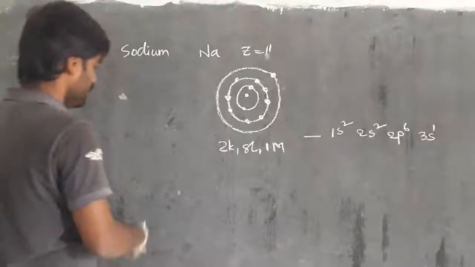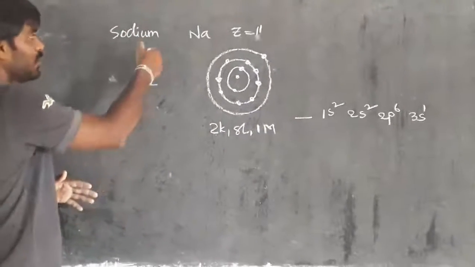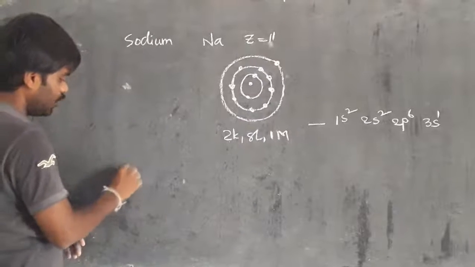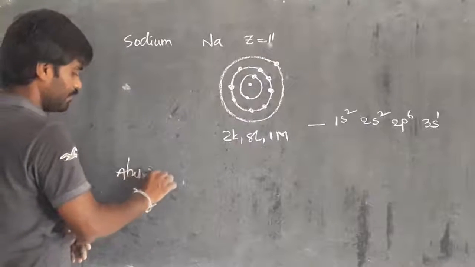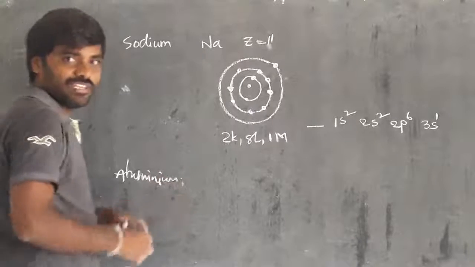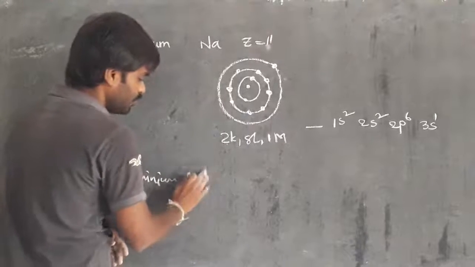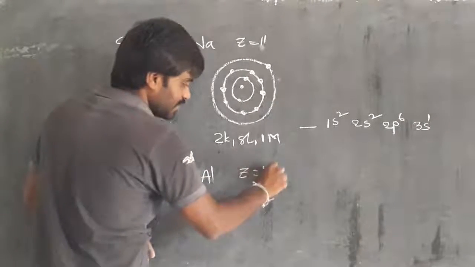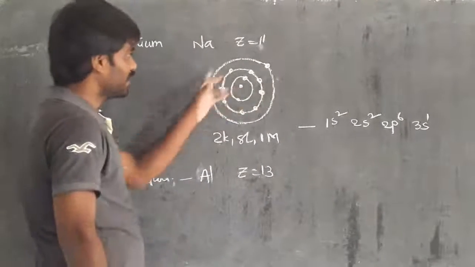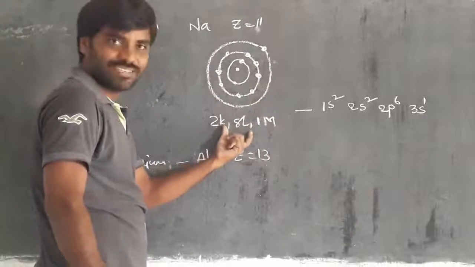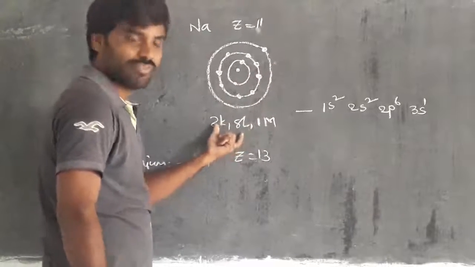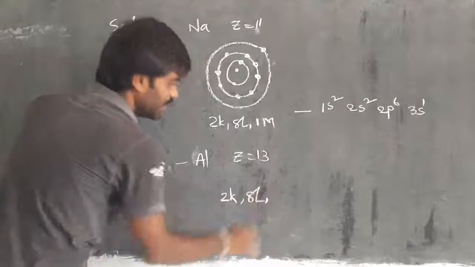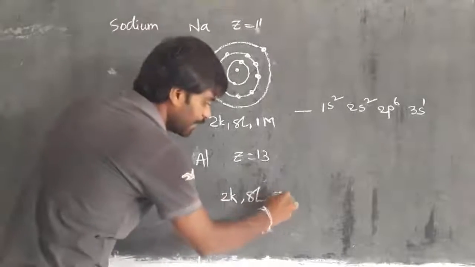And one more example. This is quite different because I took 11 here. Then I am going to take aluminium. I skipped magnesium, so don't feel bad. The symbol is Al, atomic number is 13. I am not writing the full shell arrangement; I can simply write it based on the configuration. For aluminium we can write 2K, 8L and 3M.